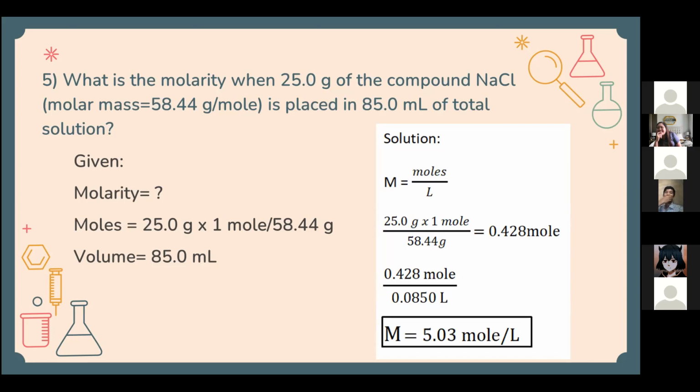The moles is equal to 25.0 grams times 1 mole over 58.44 grams, and the volume is 85.0 ml. With the use of the formula, 25.0 grams times 1 mole divided by 58.44 grams is equal to 0.428 mole.